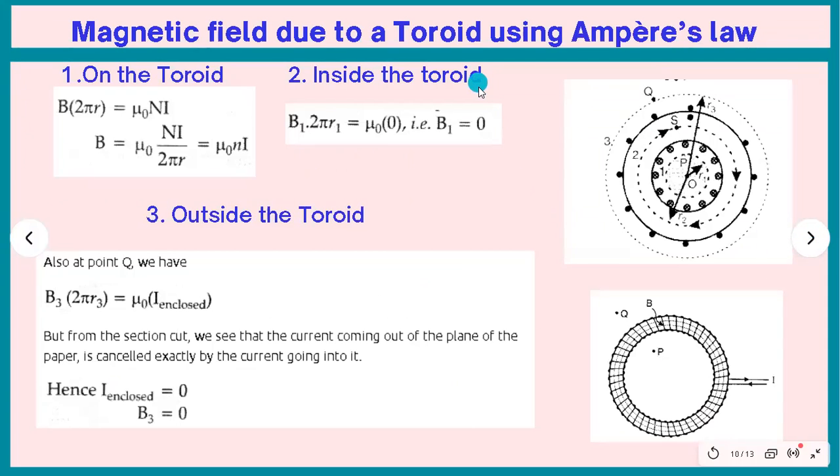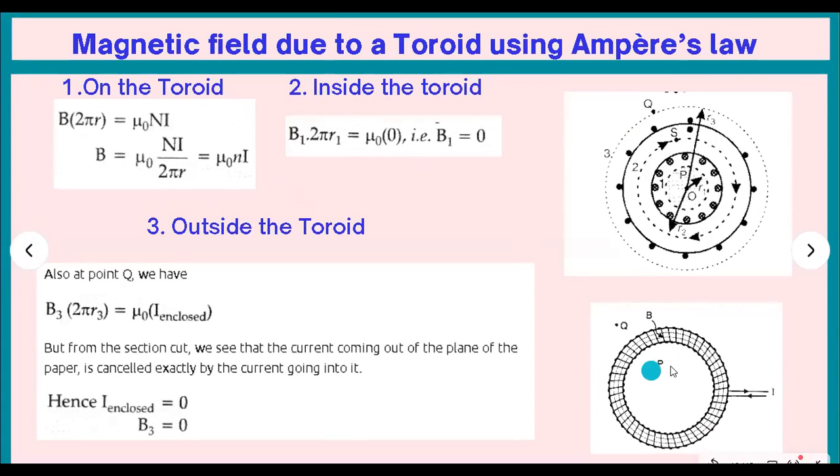Magnetic field due to a toroid using Ampere's law. On the surface of the toroid, your magnetic field is given by mu naught into N I, similar to what we saw on a solenoid. Inside the toroid, there is no current enclosed in this region, so the magnetic field there will be 0.